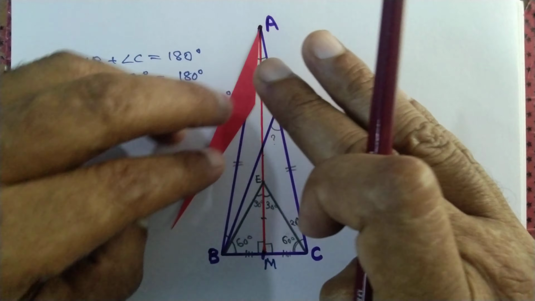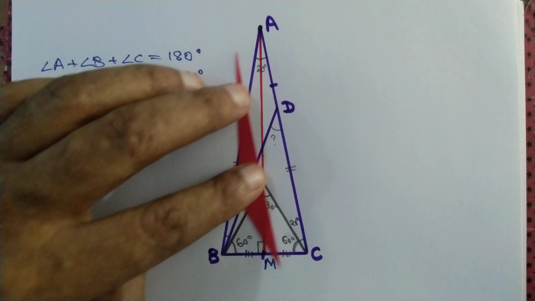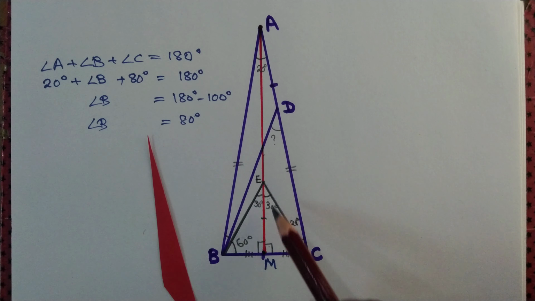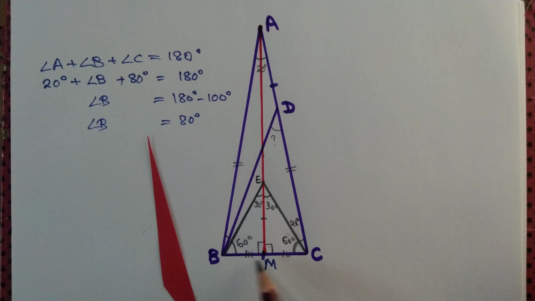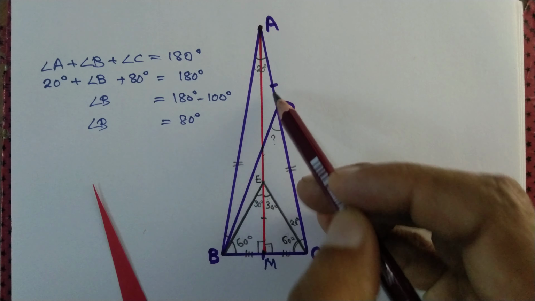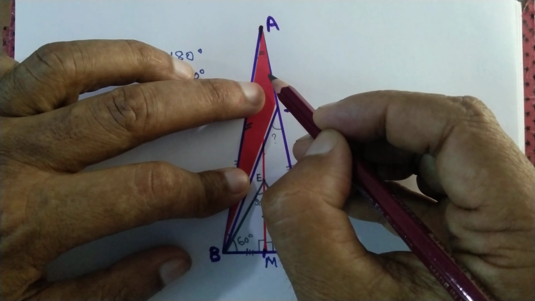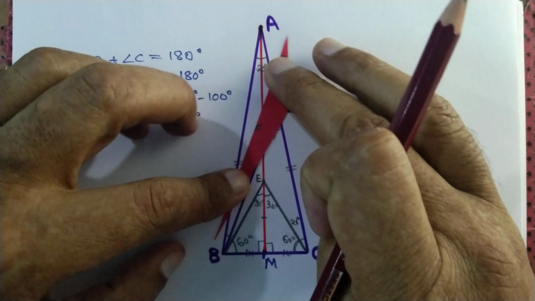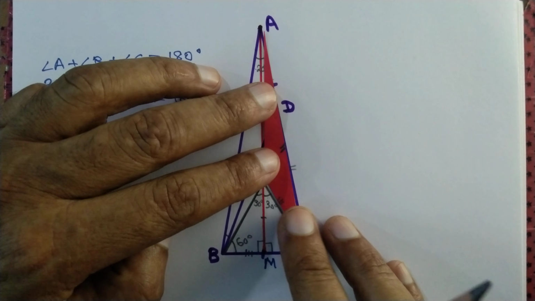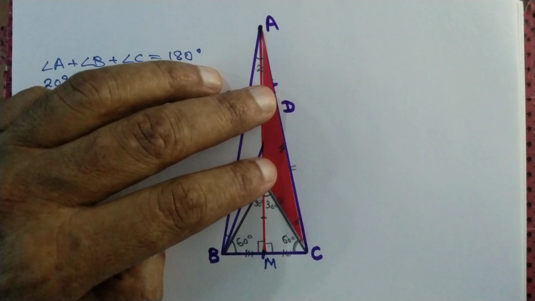And side AD equals side EC. That's because triangle EBC is an equilateral triangle, and thus BC equals EC, and we are given that AD equals BC. We find side angle side congruence.